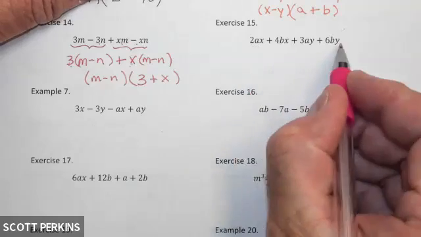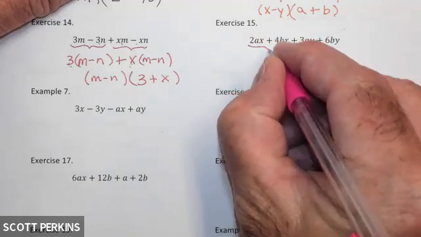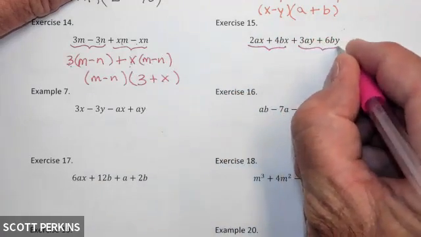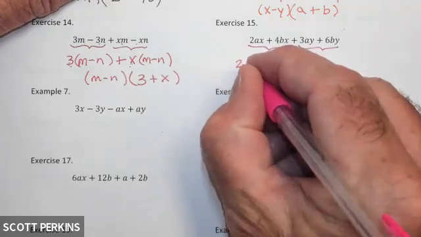So nothing is in common to all 4 terms all at once. So I'm going to group the first 2 and I'm going to group the last 2. What did you take out of the first 2 terms? 2x. Okay, a 2 and an x.